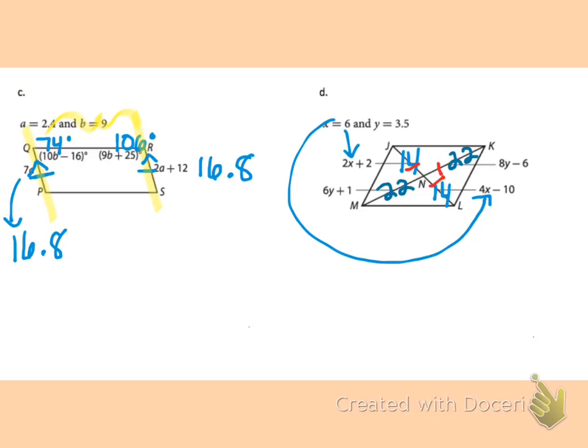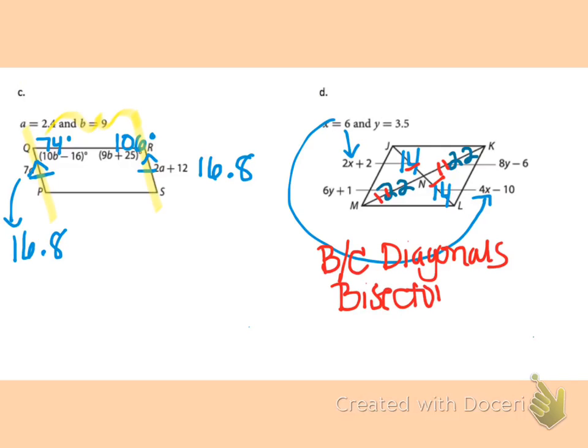and so sure enough, that point n is the midpoint of both of these segments, so these segments bisect each other, and therefore this must be a parallelogram. That's because diagonals bisect each other. That's our reason. That's our part of the theorem.